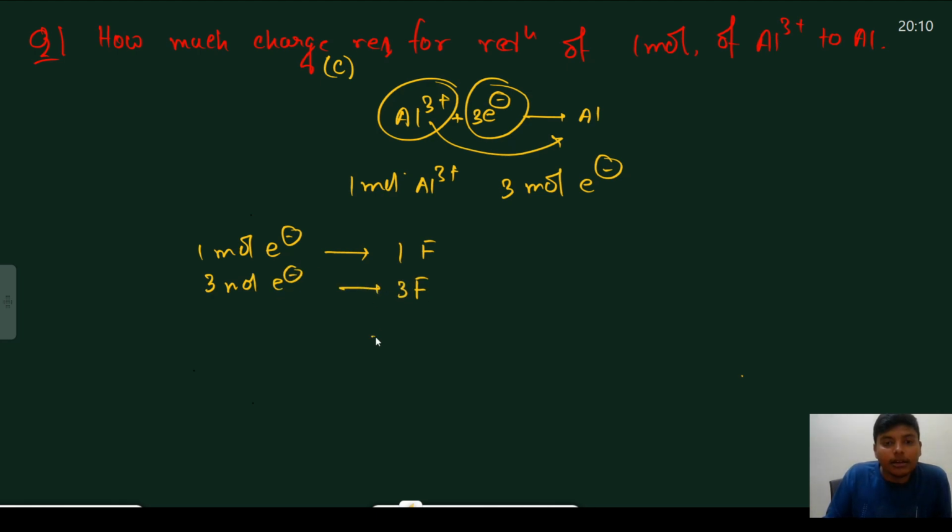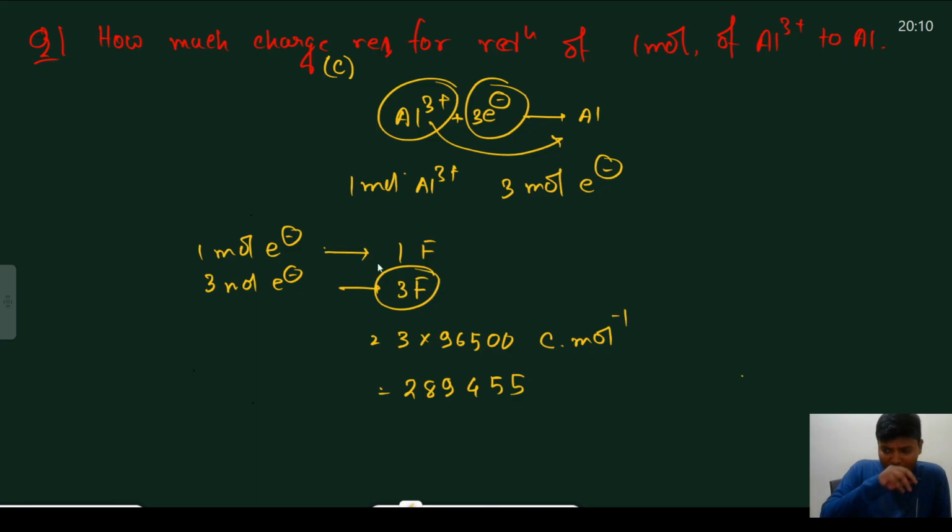Okay, 1 Faraday into Coulomb: 3 into 96500 Coulomb per mole. So overall the value you calculate will be around 289455 Coulomb. Understood?